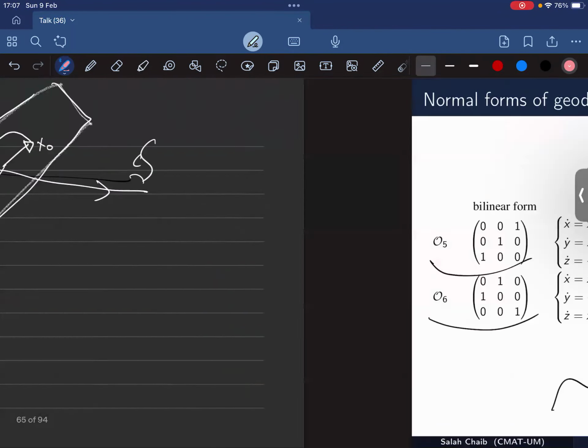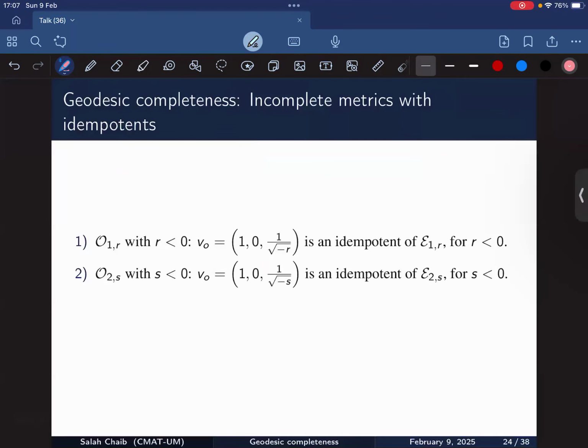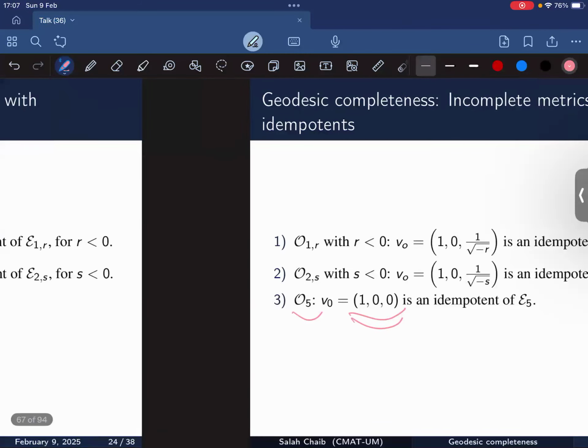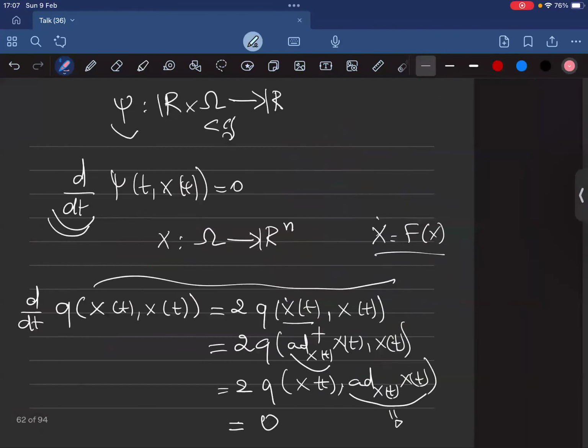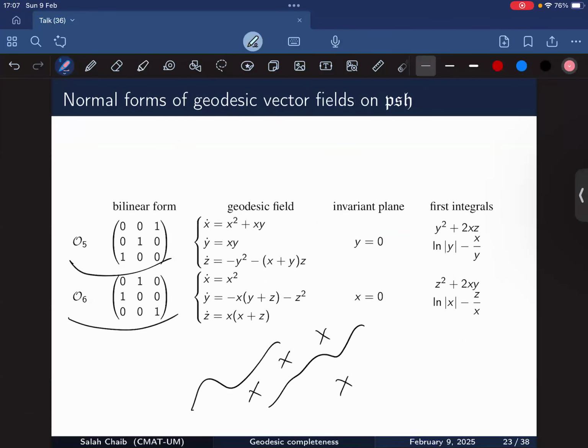So we will try to evaluate this for a simpler example. For example, (1, 0, 0) is an idempotent of O5. We'll check this. For O5, if you evaluate (1, 0, 0), what do you get? For the first equation, you get 1 squared plus 1 times 0, so it's 1.